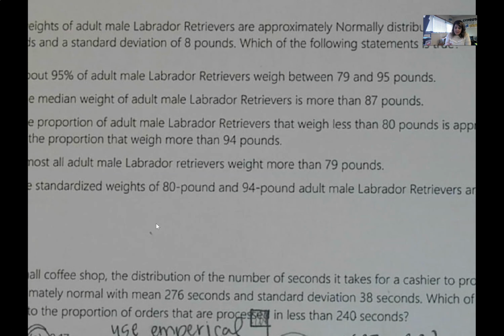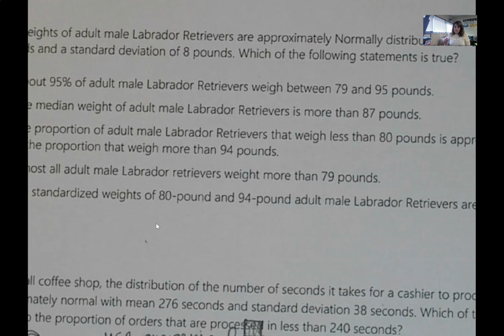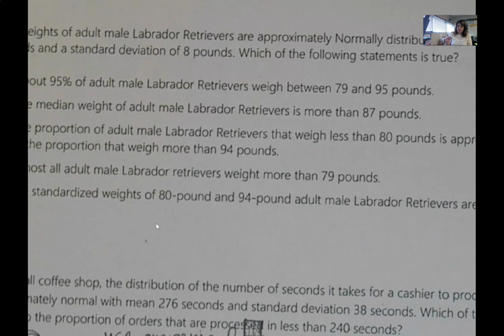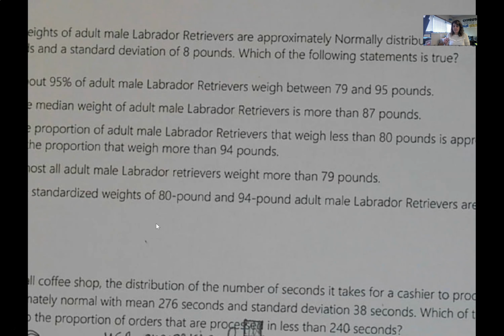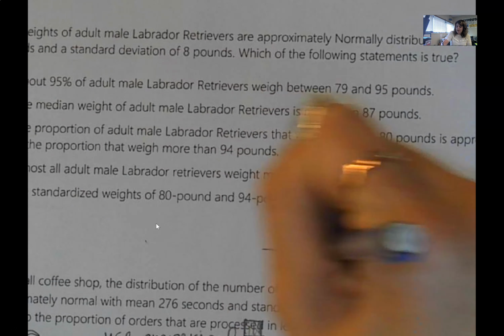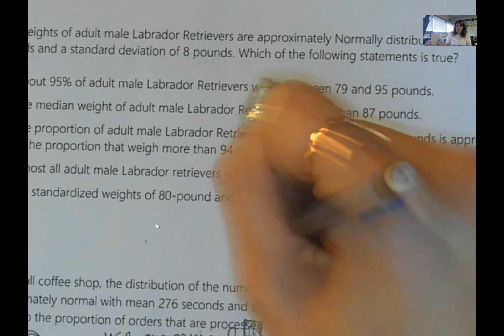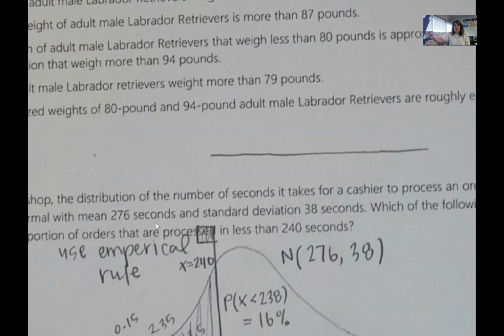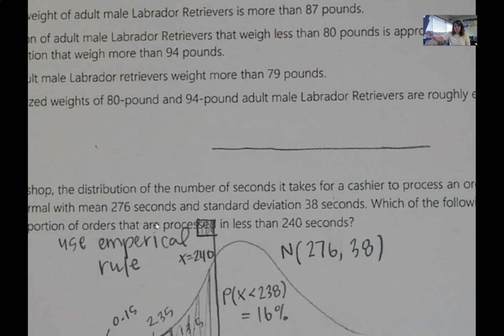Next up is our Labrador Retriever problem. We have a distribution that's normally distributed with a mean of 87 and a standard deviation of 8. Now, if I don't have room to draw a normal curve, I'll usually just draw the x-axis of my normal curve.